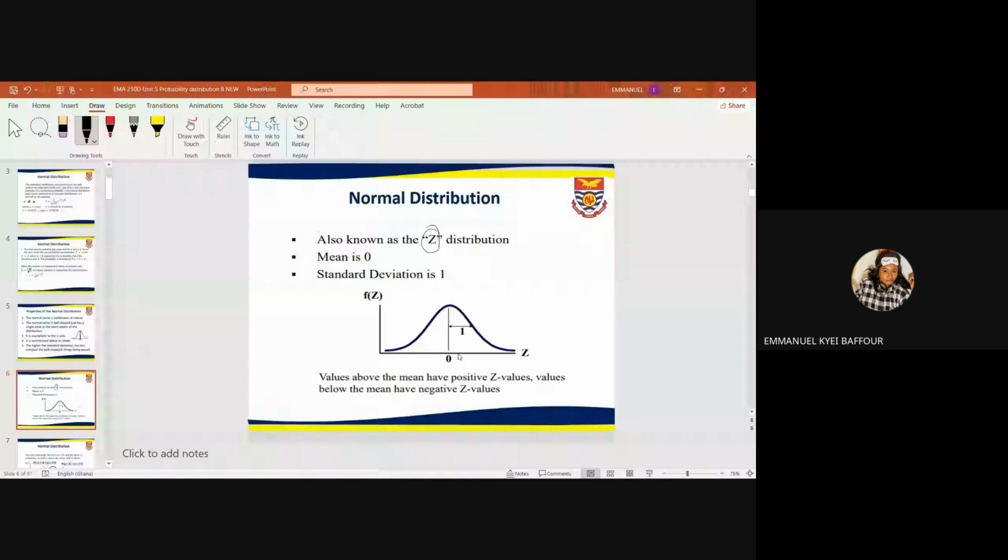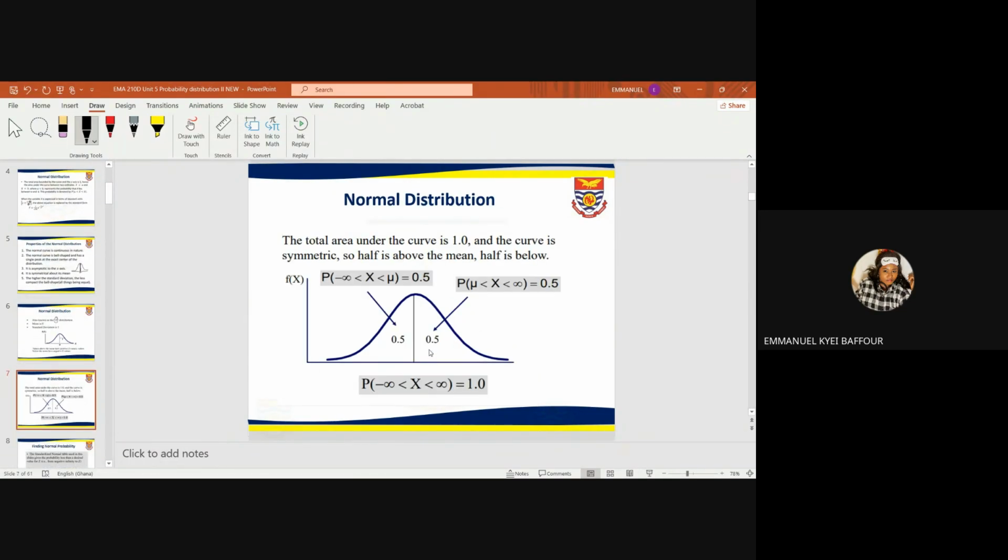This side has positive values to the right, and the left side of the mean has negative values. Like I said, the total area under the curve is 1, and the curve is symmetric about the mean. So half is above the mean and half is below the mean.